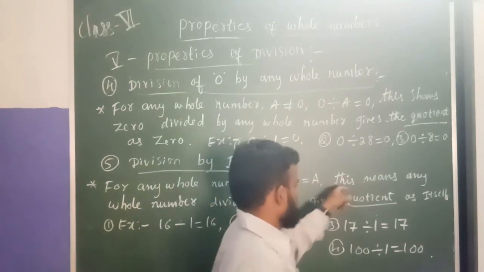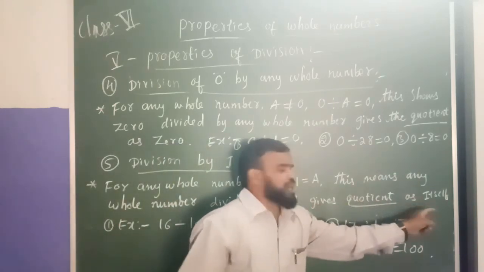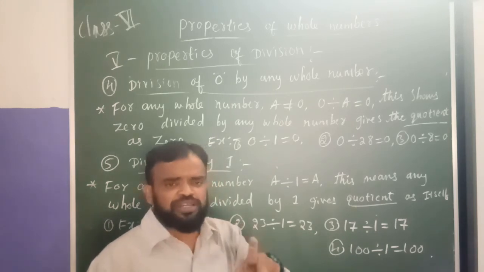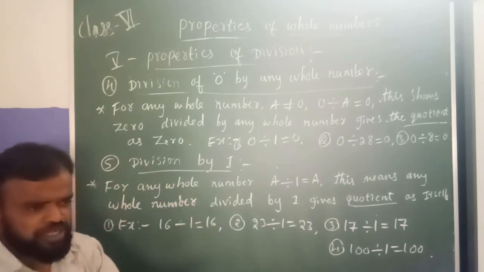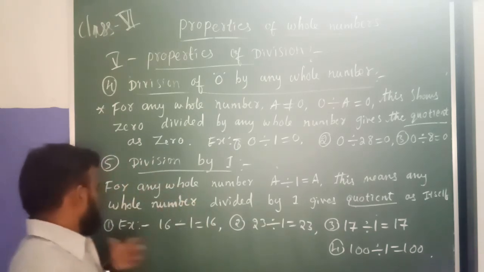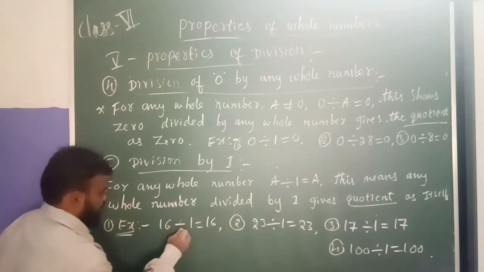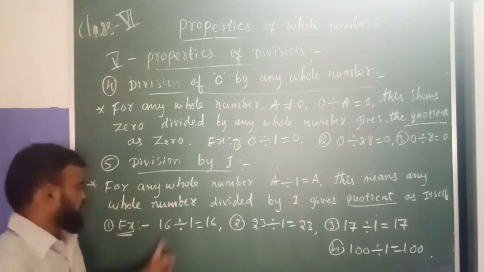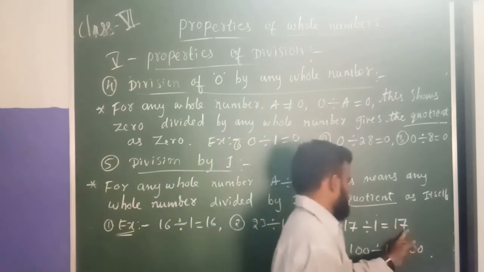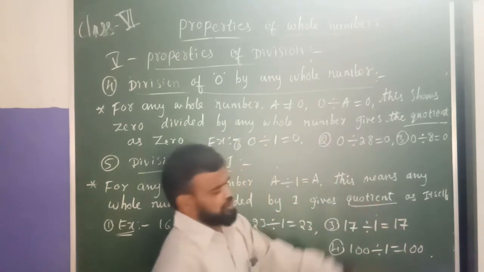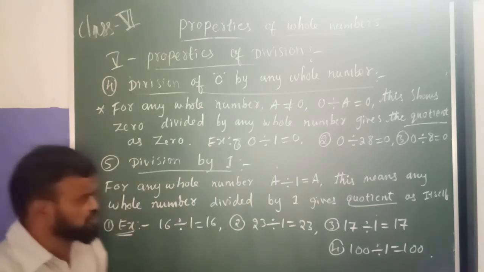This means any whole number divided by 1 gives the quotient as itself. 12 divided by 1 is equal to 12 only. 8 divided by 1 is equal to 8 only. 16 divided by 1 is equal to 16. 23 divided by 1 is equal to 23. 17 divided by 1 is equal to 17. And 100 divided by 1 is equal to 100 only. According to this chapter, I have done this. Okay, you write it.